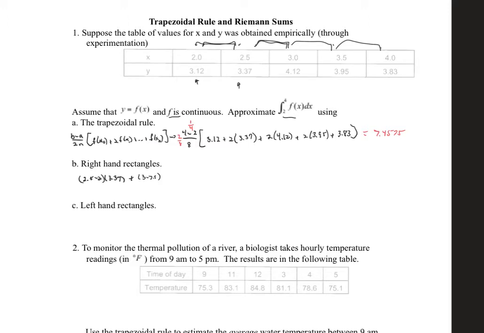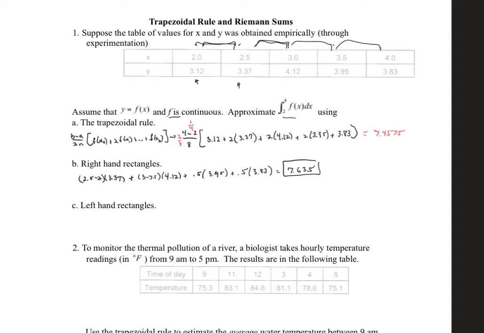These are all going to be 0.5 for the bases, and we'll have that times 4.12, then 0.5 times 3.95, and 0.5 times 3.83. All this can go into our calculator, and we should be getting 7.635.